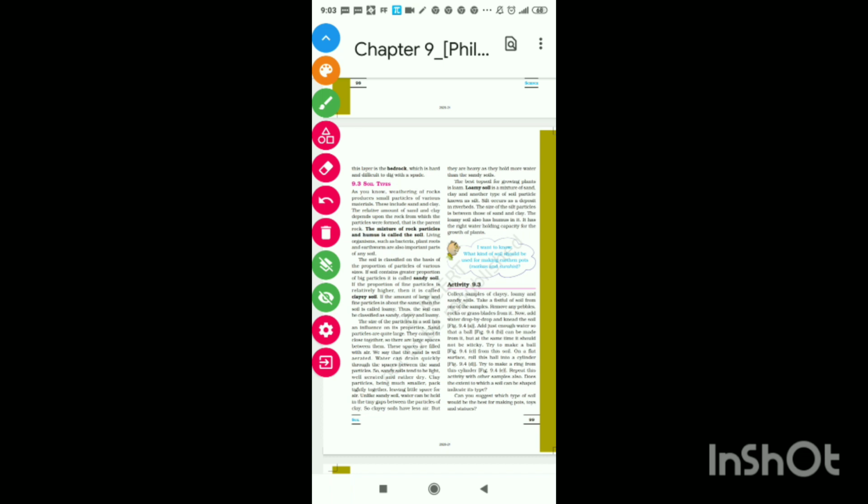So friends, now we will learn about soil types. Soils are classified on the basis of the size of the particles which they contain. The mixture of soil and humus is called soil.